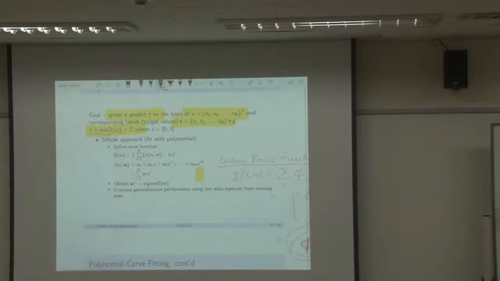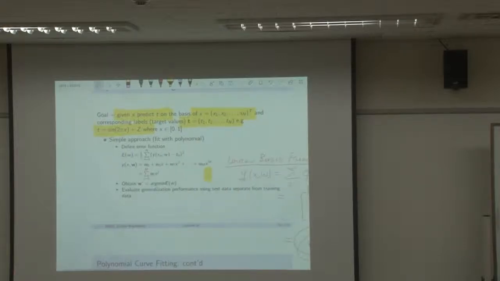Remember I had y is equal to f of x. Deterministic. And this was stochastic. Remember this? And I tried to describe this model.